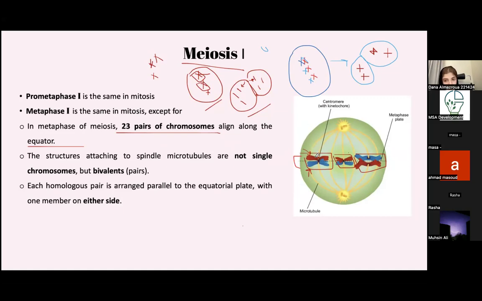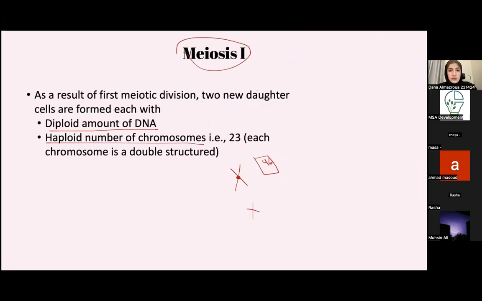If you look at the picture, this is an X shape, and this is another X shape from the father. If you count them, there is a total of 4 chromatids and 2 chromosomes. What I meant to say is that there are 2 chromosomes, or 1 bivalent pair, present at metaphase, with 4 chromatids at a time. Okay, great. Any other questions?